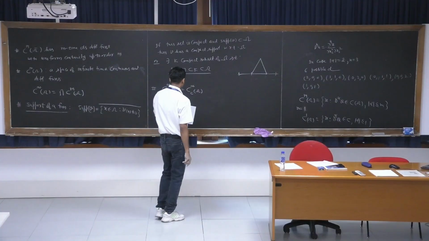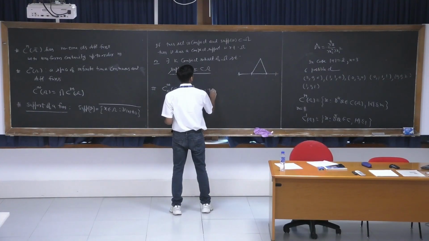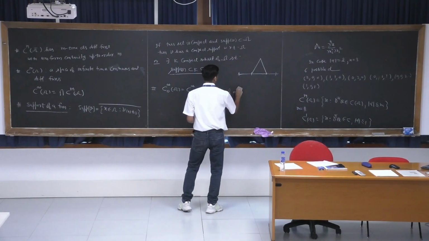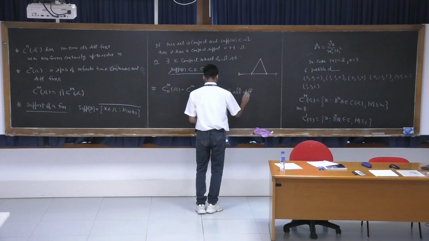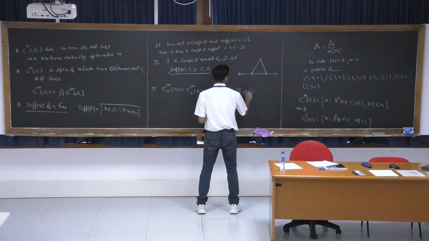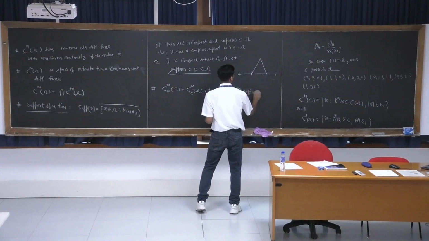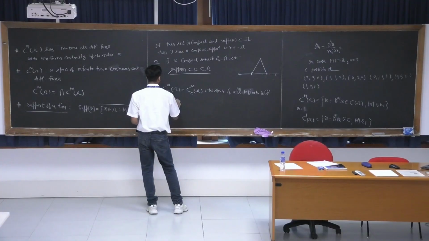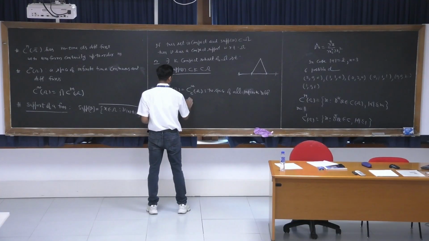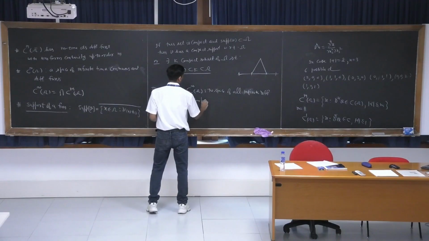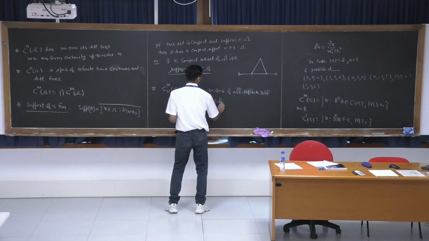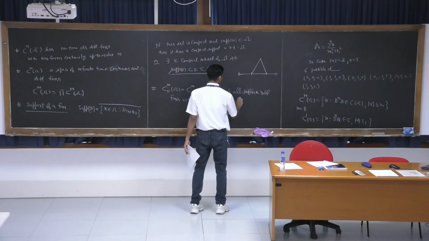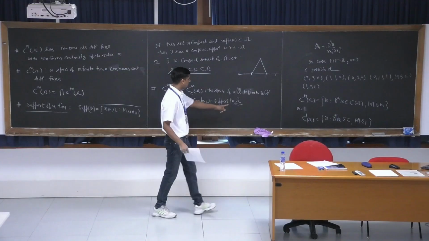So this means the space of all infinitely differentiable functions with compact support. Compact support in, obviously this is important, compact support in the omega domain.